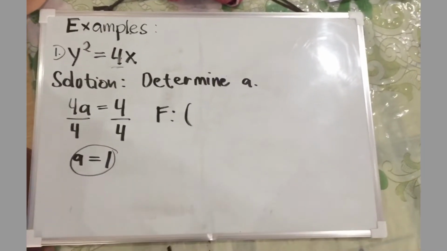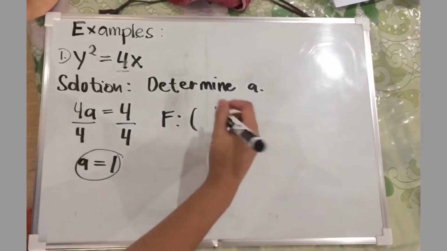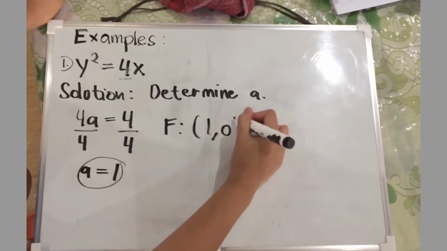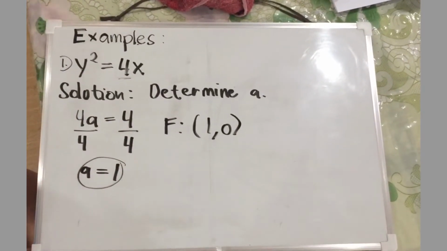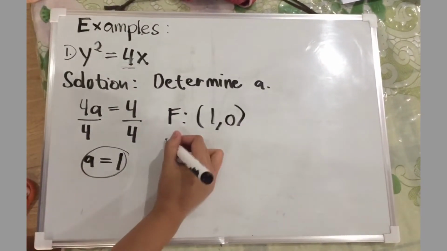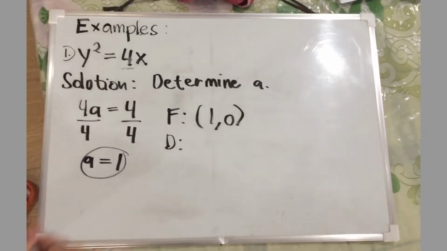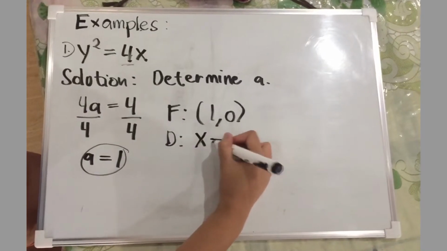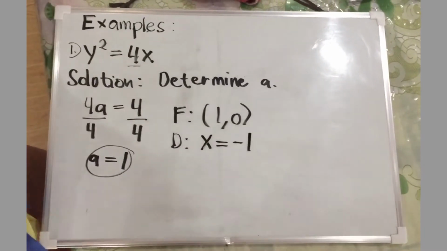So from that, we can find the focus, and that will be point 1, 0. And we can also get the directrix, and that is the opposite of the focus, and that is x equals negative 1.